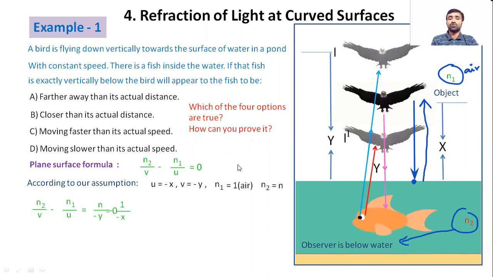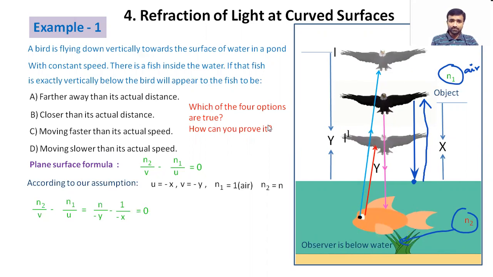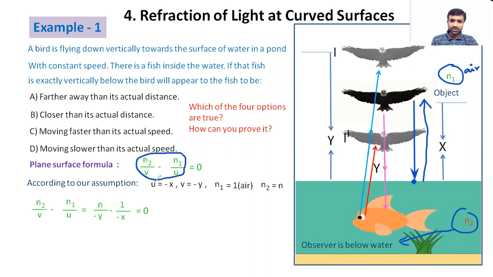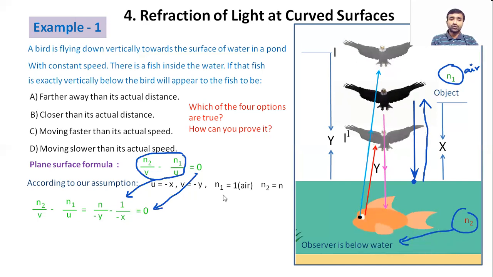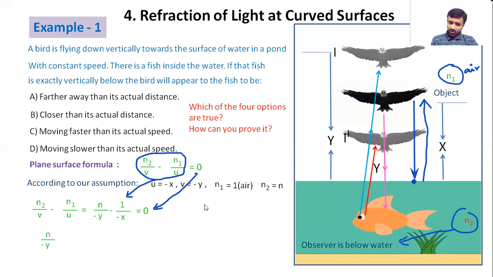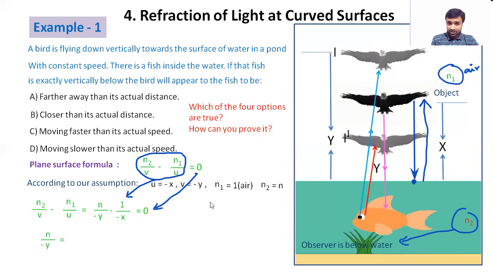That is equal to zero, because the right-hand side is zero. Then n by minus y, and minus into minus in the second term becomes plus. Transposing this term, minus becomes plus on the right side, so in the denominator we have minus x, don't forget that: 1 by minus x.